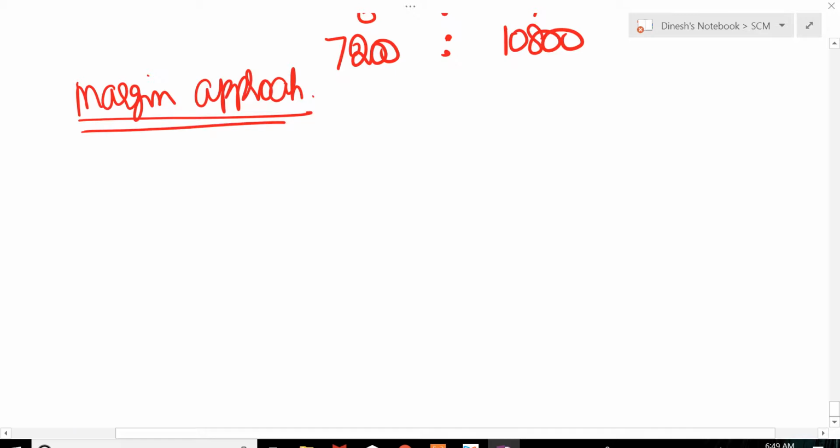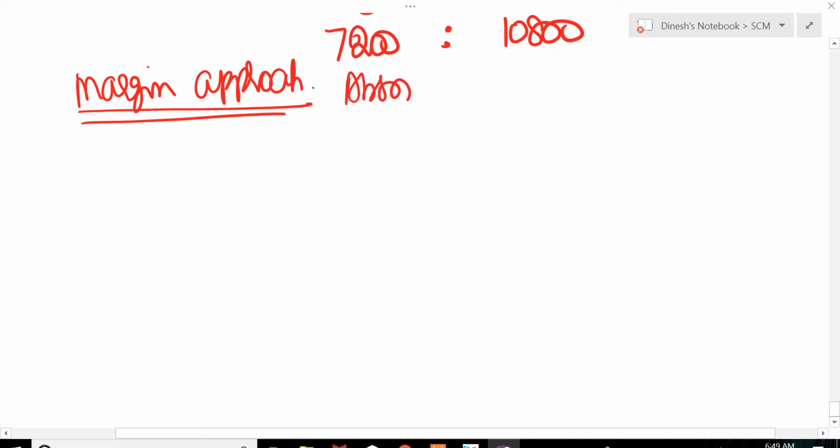In margin approach, we'll first do absorption costing, and then I'll do marginal costing. A broad overview of absorption costing you could have learnt at IPCC level. I'll be doing a detailed discussion on this when I do marginal versus absorption later on. So in margin approach, the first way of doing is absorption costing.